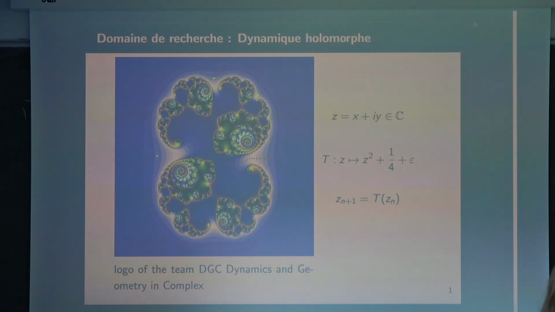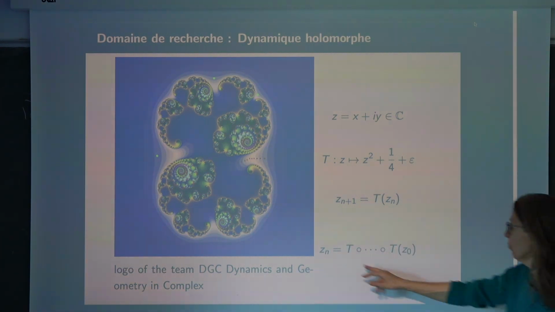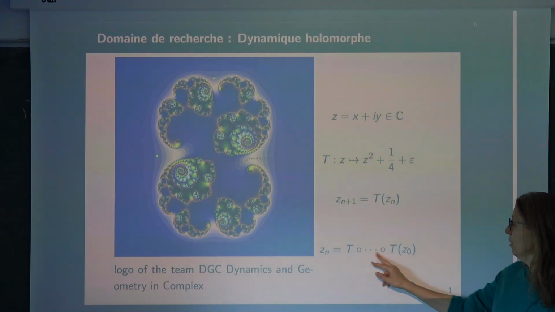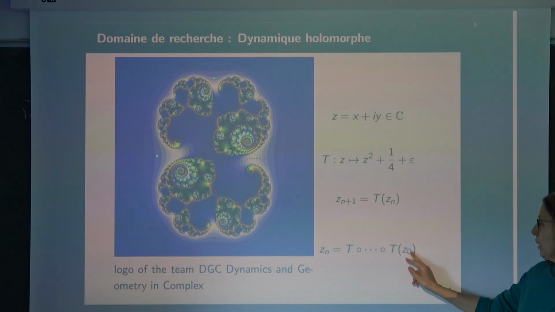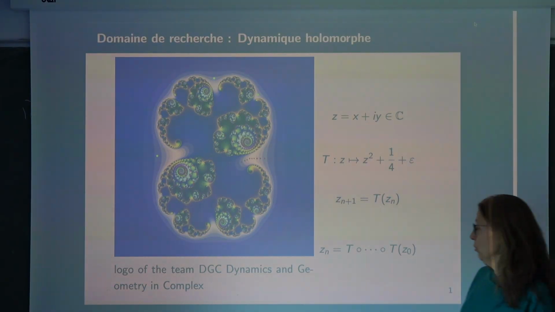Does it converge somewhere, or does it have a strange behavior? It's a composition, which is called the iteration of T applied to a first point.